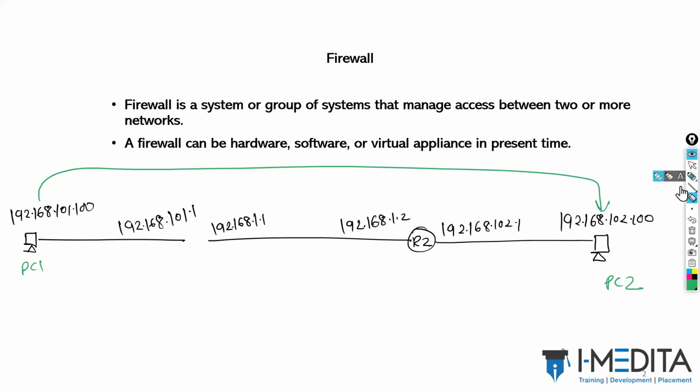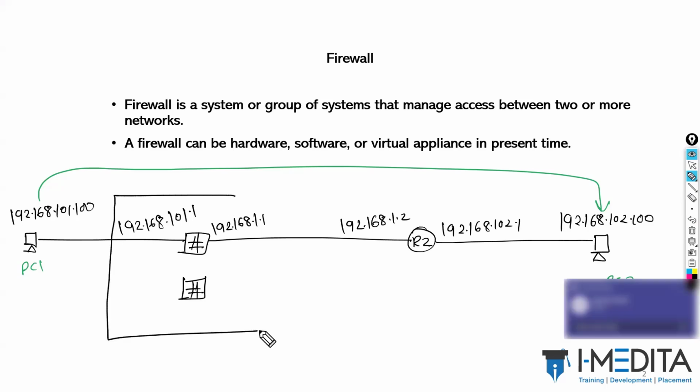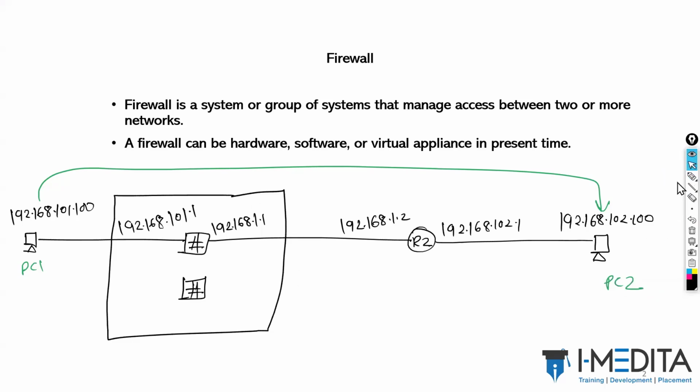We will replace the router with a firewall. It may be possible that this firewall goes down, so for redundancy, how many firewalls will we deploy? Two. We will put them in a group, and that group will be called HA. We will treat both firewalls in HA as a single firewall.